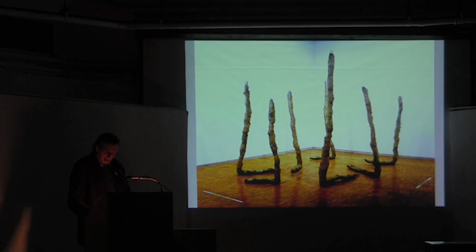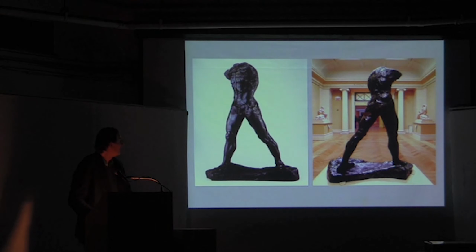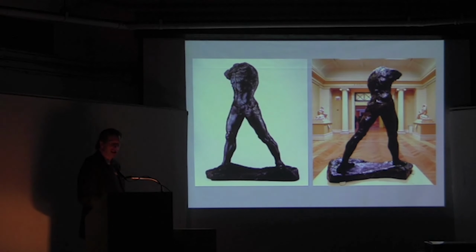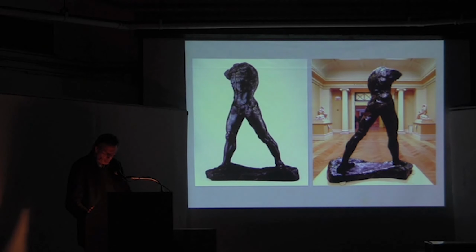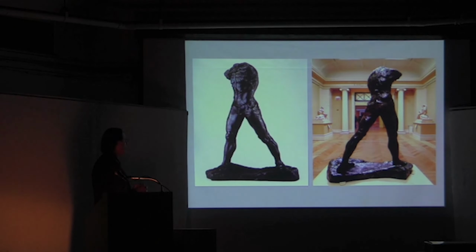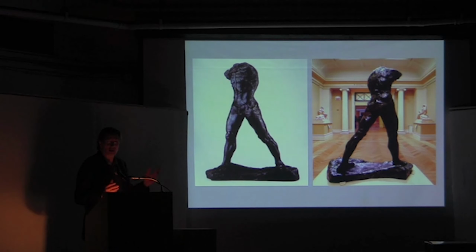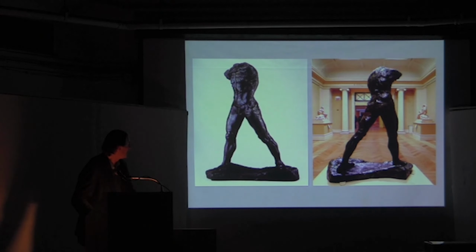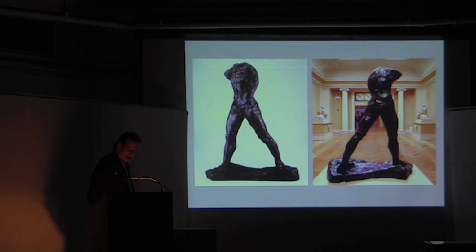After space is movement. This is a very difficult piece to begin to describe. It's Rodin, it's 1877. There are many castings of this piece around. And what I'm fascinated by in the context of this is that something that isn't always apparent is that the left leg is quite a bit longer than the right leg.